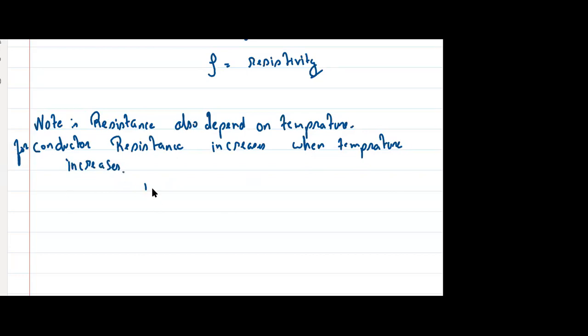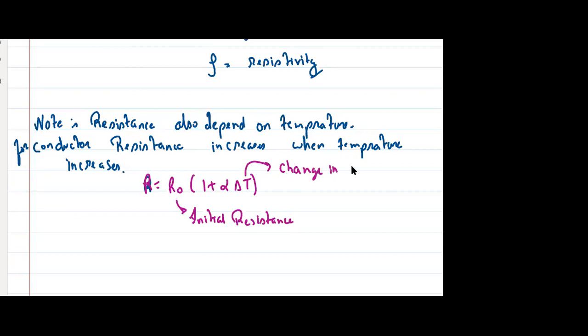The formula is given by R is equal to R naught bracket 1 plus alpha delta T. ठीक है? ये formula use नहीं होगा, but still R naught is initial resistance. This is change in temperature. And alpha is a constant, जो कि दिया रहेगा. ठीक है? Got it?